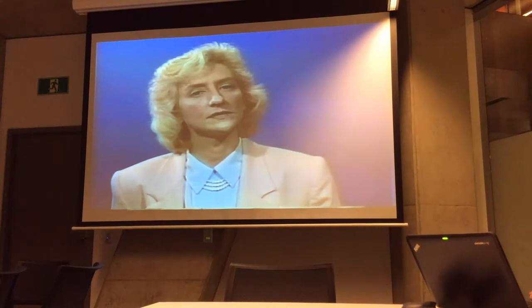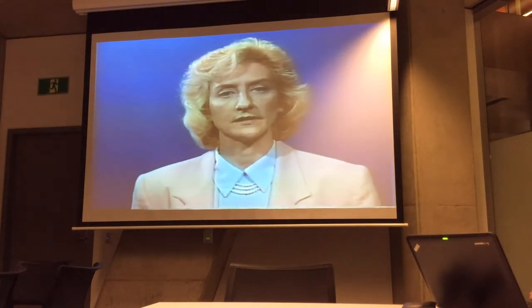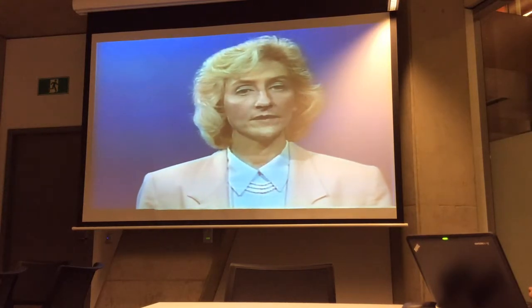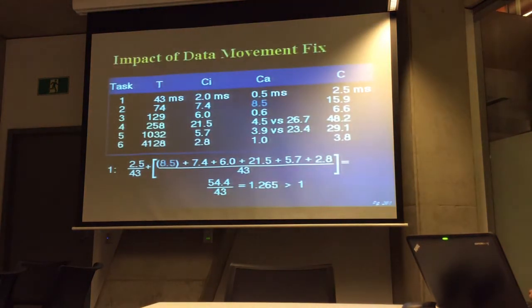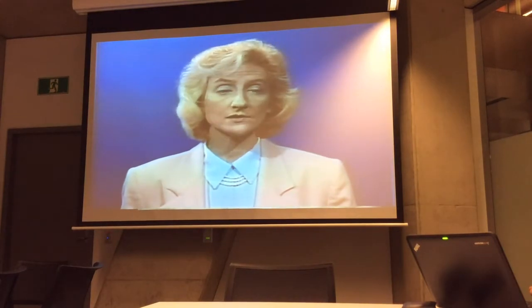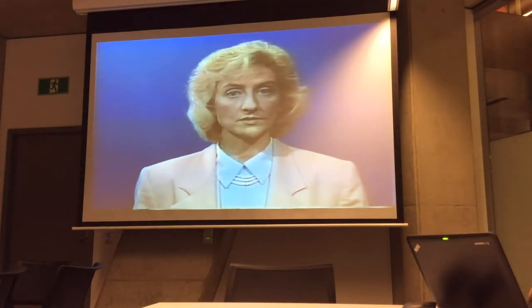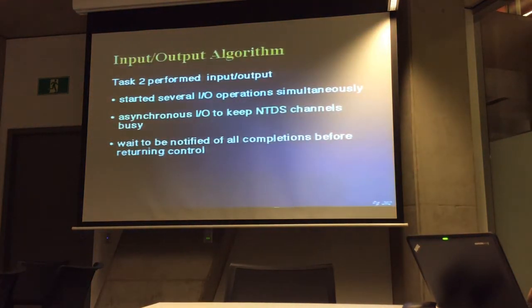The goal is to reduce the max length application time and get it down to a number better than 8.5. The application part of task 2 is involved in I/O. It started several I/O operations simultaneously, so it could do asynchronous I/O and keep those NTDS communication channels working and busy. The task would then wait for all the completions to come back before doing the next step.